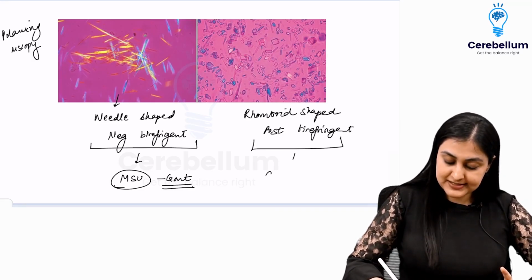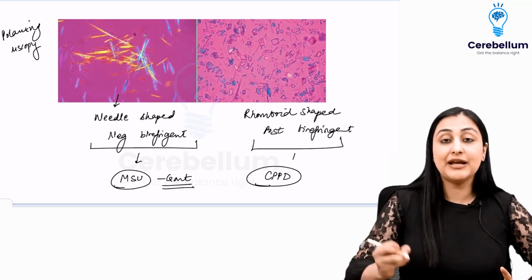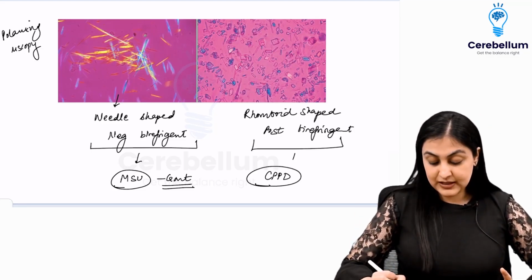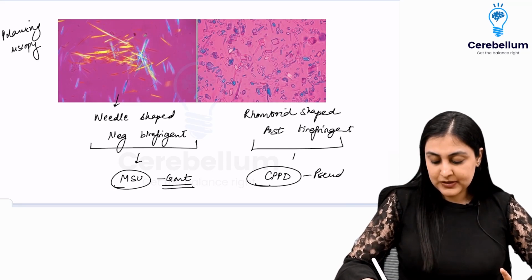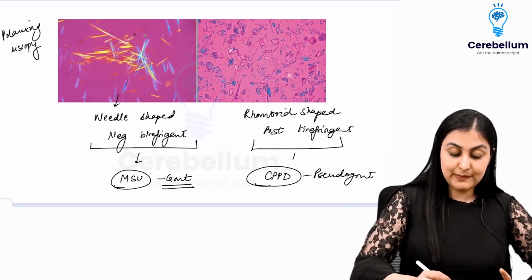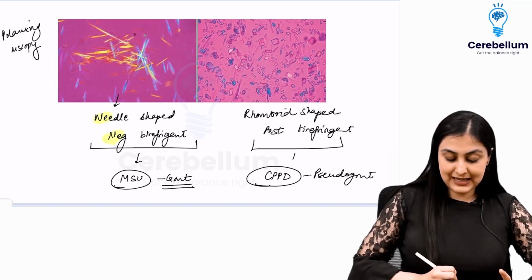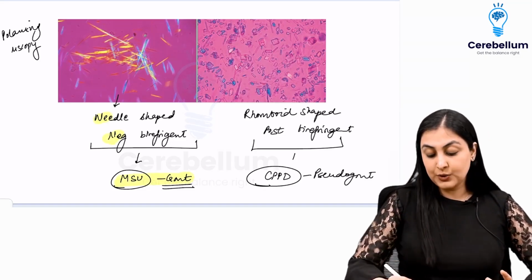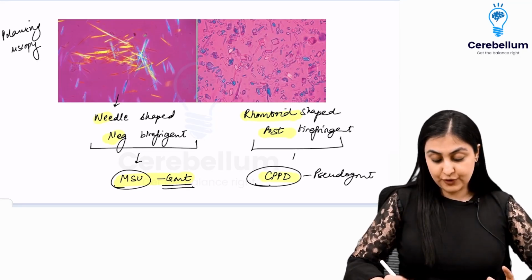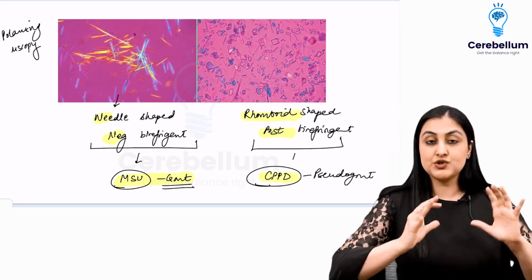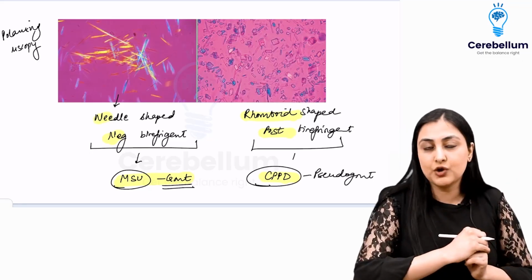Here the crystals are CPPD, calcium pyrophosphate deposition, and the diagnosis is going to be pseudo gout. So you can remember NENE: needle and negative for gout, rhomboid and positive for CPPD. Okay, so this takes care of crystal arthropathies.